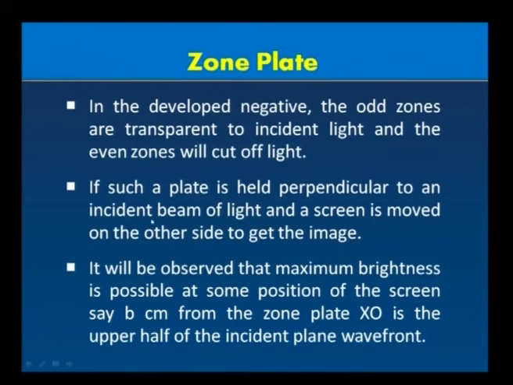If such a plate is held perpendicular to the incident beam of light and a screen is moved on the other side to get the image, it will be observed that maximum brightness is possible at some position of the screen, say b centimeter from the zone plate, in the upper half of the incident plane wavefront.